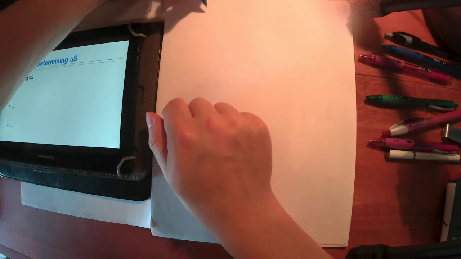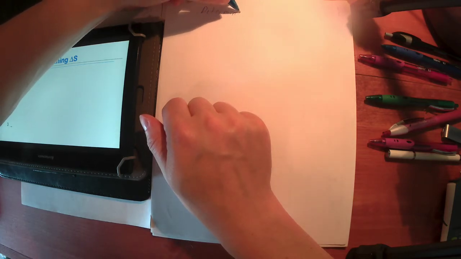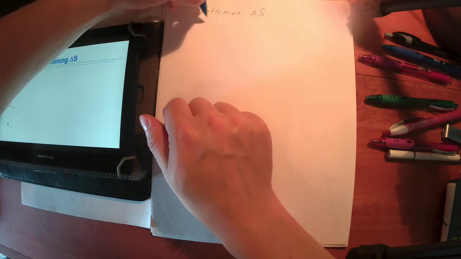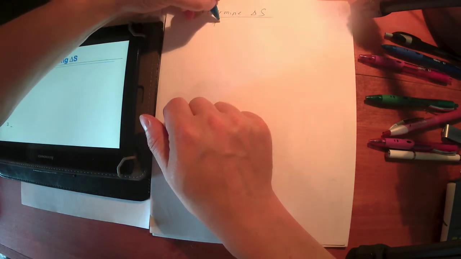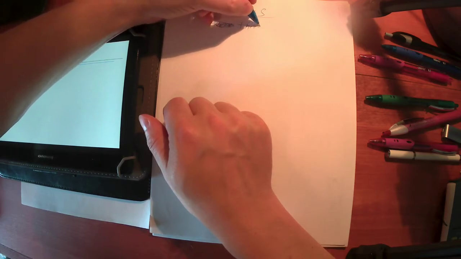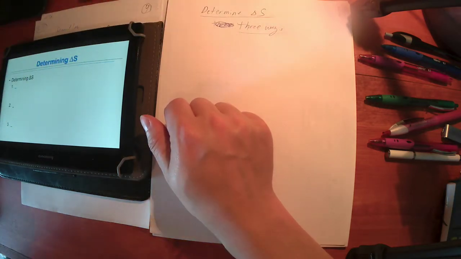Why is this important? Well, look at the second law equation. There are three ways to determine delta S. Again, why is that important?